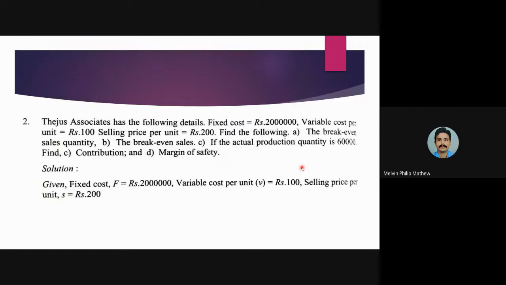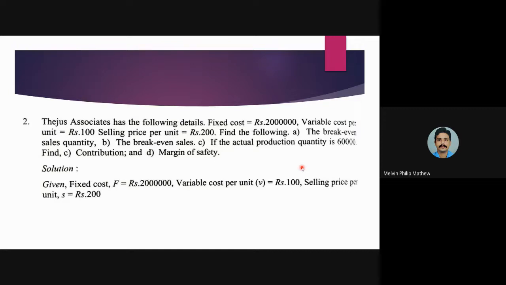Variable cost per unit is equal to rupees 100. Selling price per unit is equal to rupees 200.